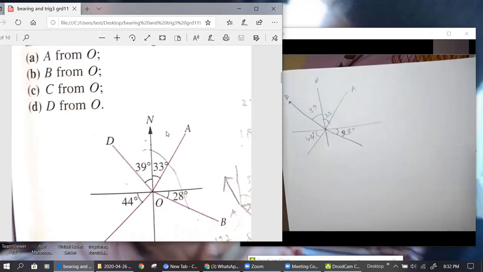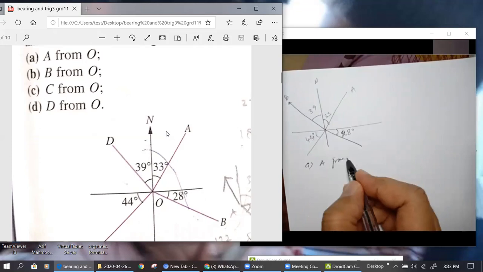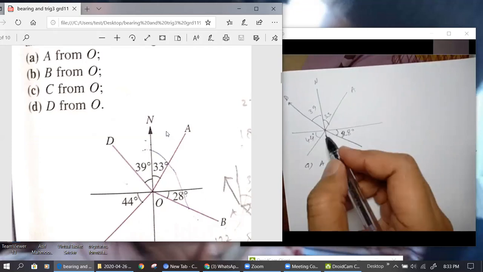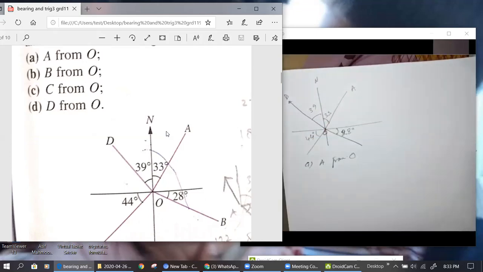So first part is bearing of A from O. A from O is how much? O to A is already given. You have to mark only. You don't need to calculate over here. You have to mark only in this question.